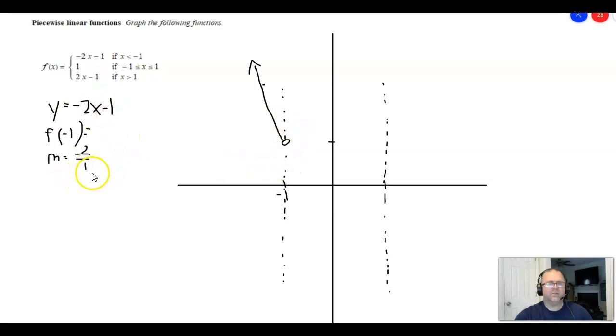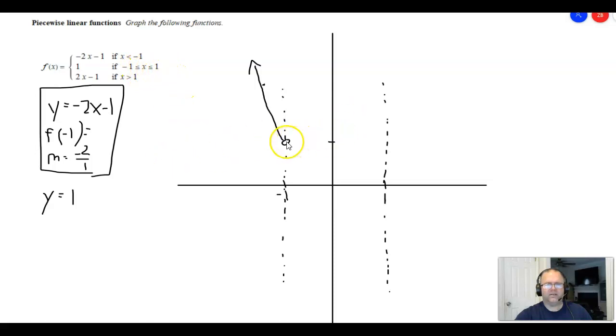Now let's look between -1 and +1 here. Between -1 and +1, we have a graph that looks like this, y equals 1. And y equals 1 is just a horizontal line where all of our y values are 1. And remember that we have non-strict inequality, which means it includes those points.